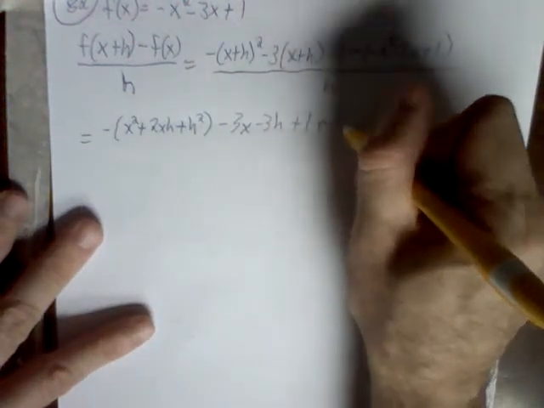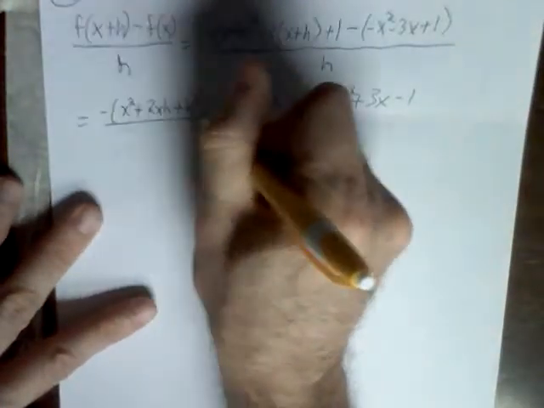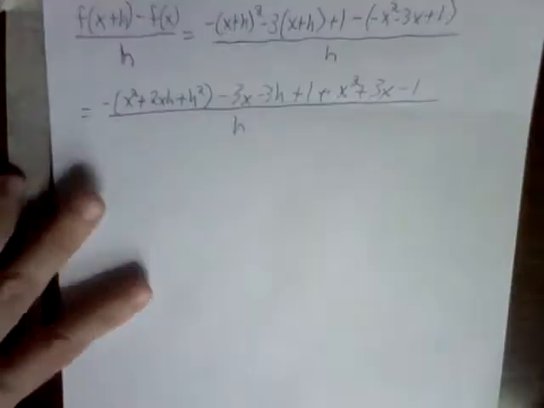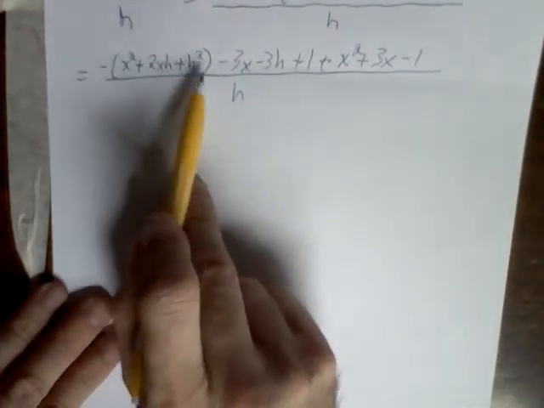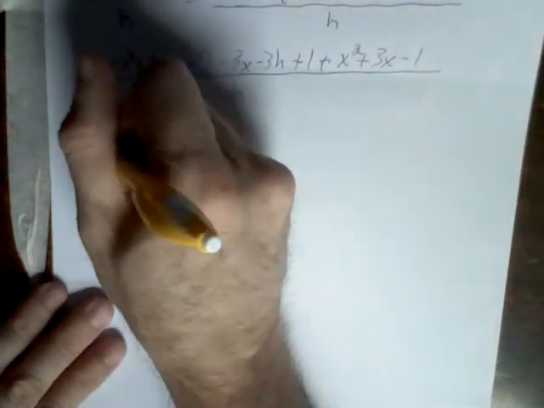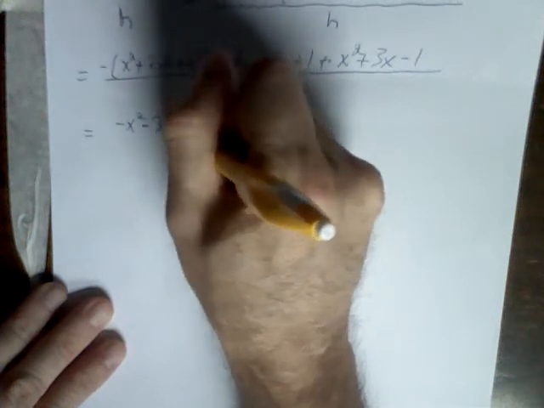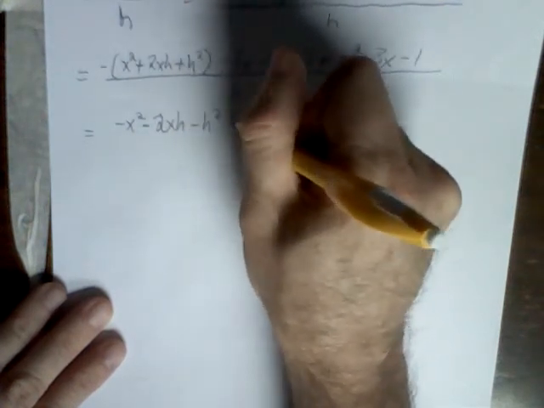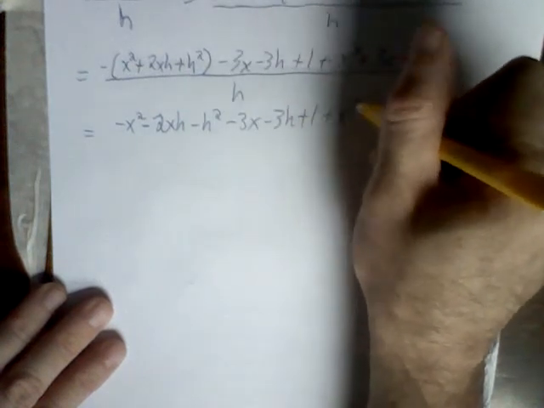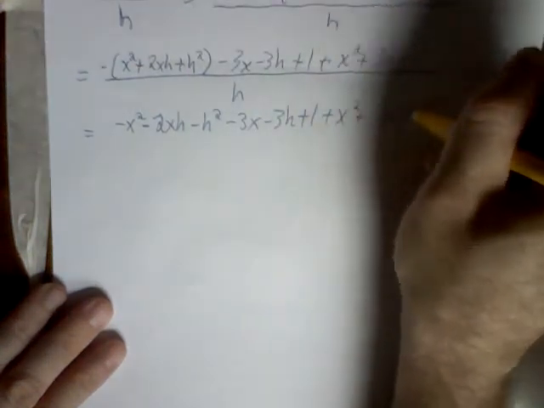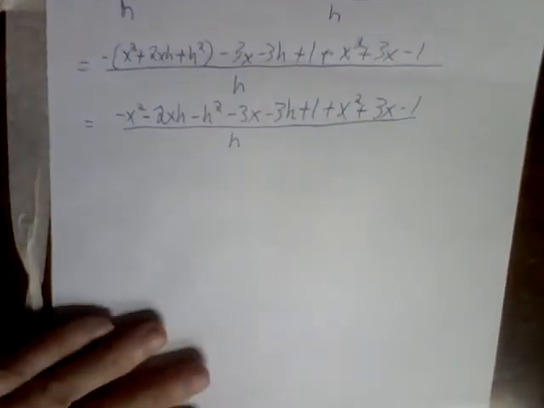So plus x squared plus 3x minus 1 over h. Then I need to distribute this negative and combine like terms. Just take one thing at a time. Don't try to do 20 different things in your head. You'll just make mistakes. Some people can, I admit it, but in general, it's better safe than sorry, in my opinion.